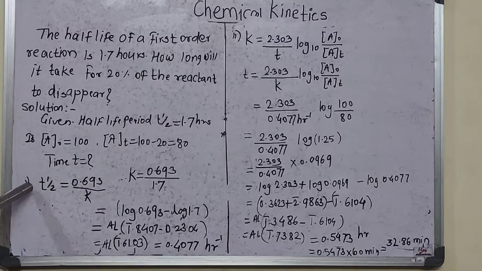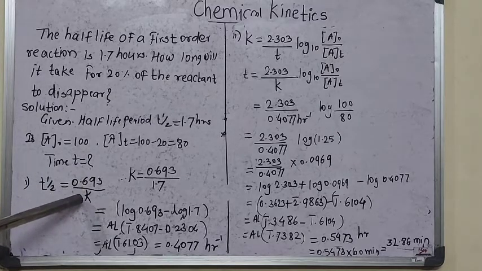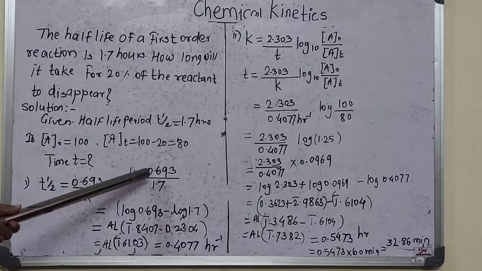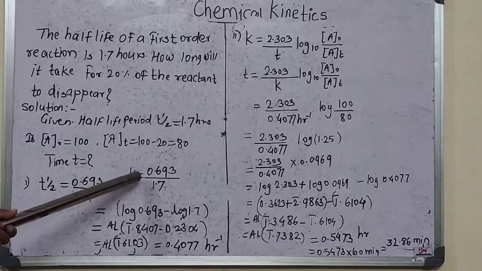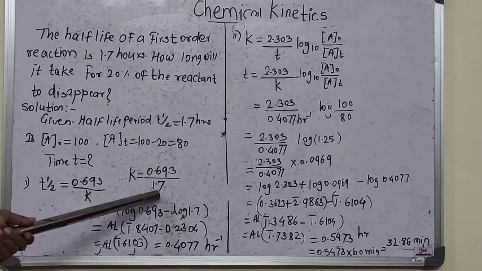So the formula for the half-life period of a first order reaction is t1/2 equal to 0.693 upon k. To derive this formula for k, we are going to calculate k. Substituting the value of t1/2 in this equation, k equal to 0.693 upon 1.7.